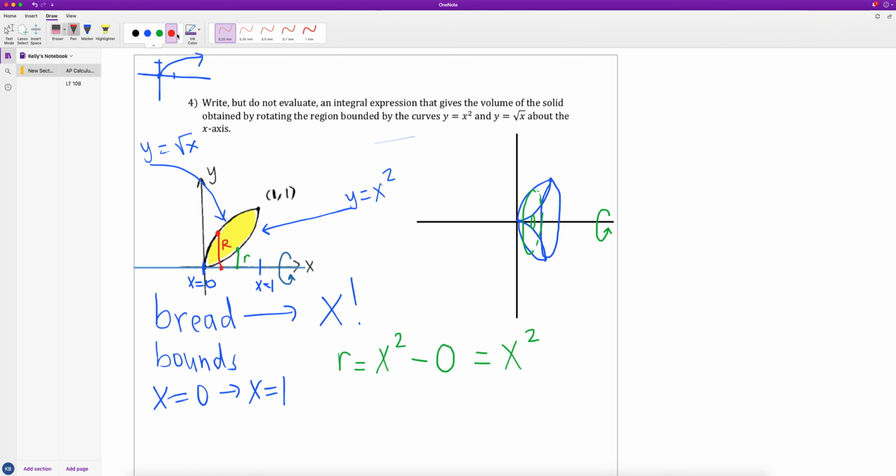Now if we do the big radius in this case, sorry, let's erase that mess that we just created. To get our big radius here, I'm also going to think about this in terms of top minus bottom.